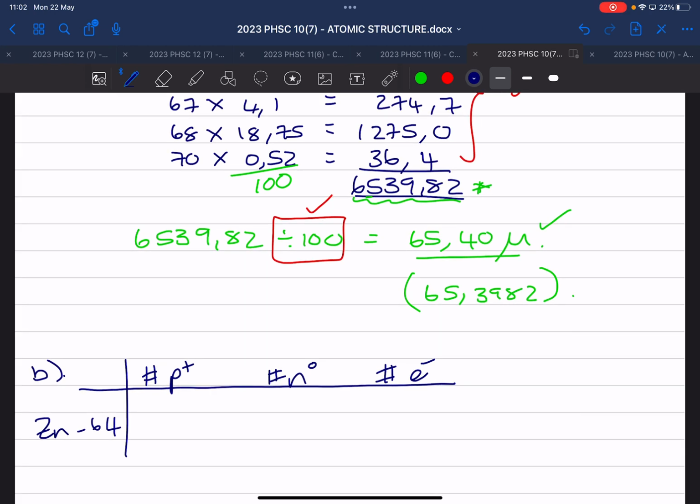Say again? All of them has protons. Look in your notes. Let her quickly look in your notes.